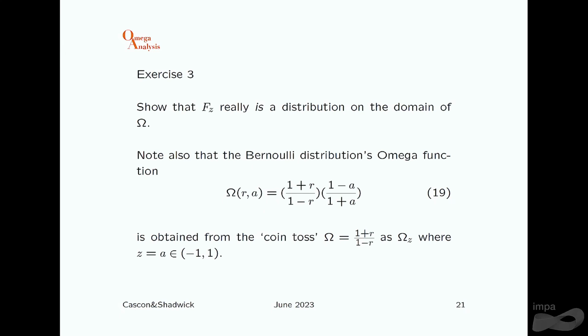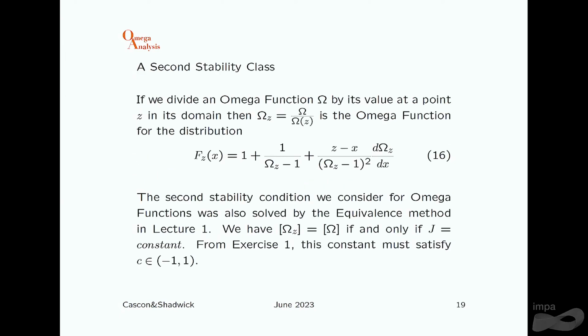So there was a point glossed over here. Equation 16 says this is what the distribution looks like in terms of omega sub z. But the question is, is that really a distribution? Now, the hint is a big hint.